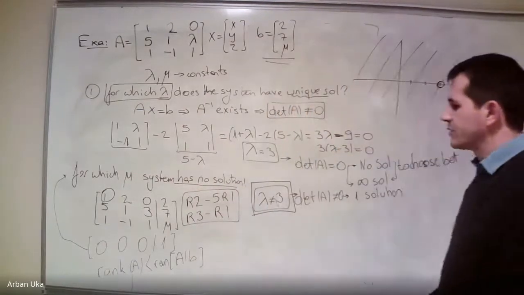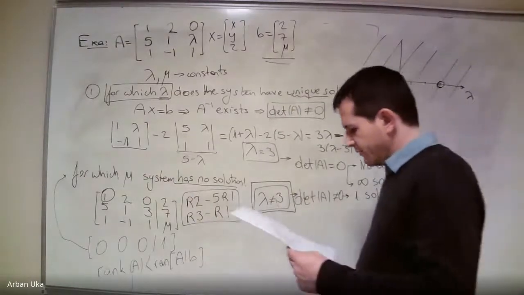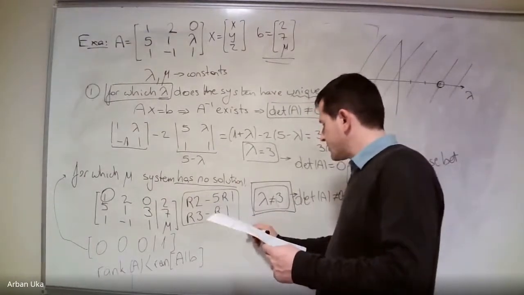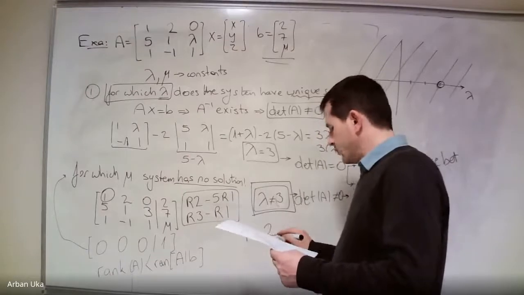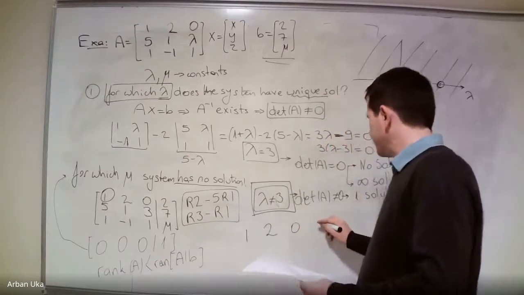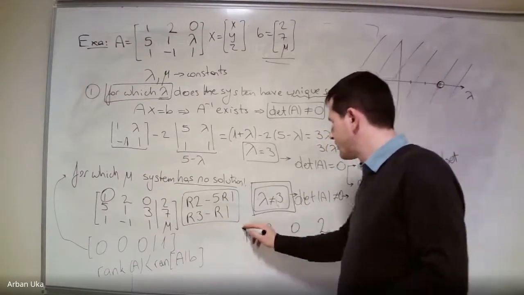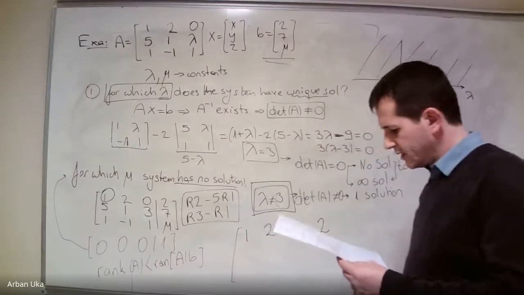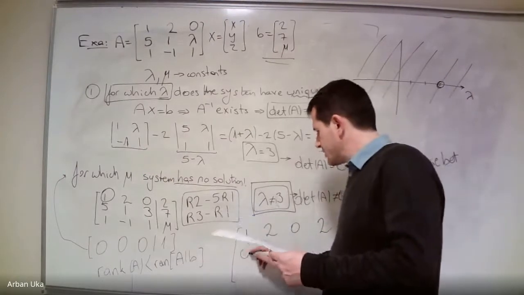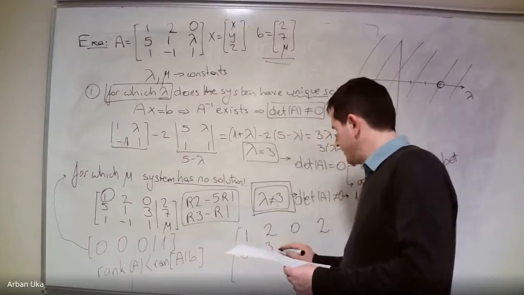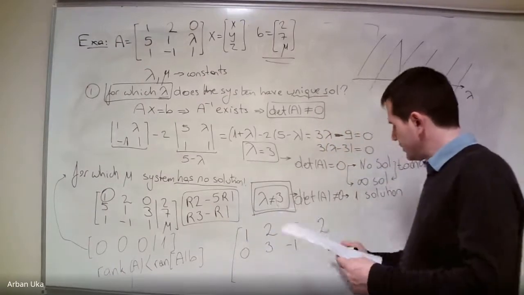Because we make the relevant zeros. In the end, we're going to get 1, 2, 0, 2. The first row does not change. And then we have 0, 3, minus 1, 1.